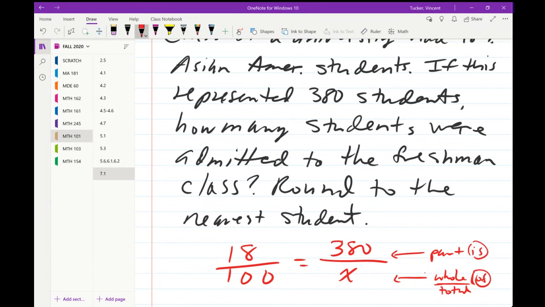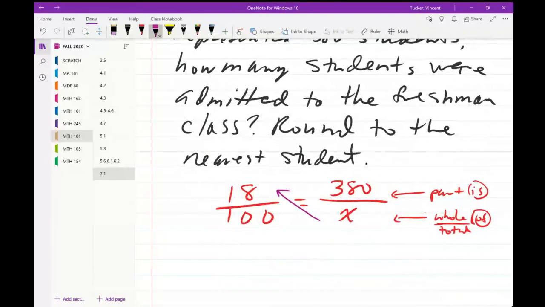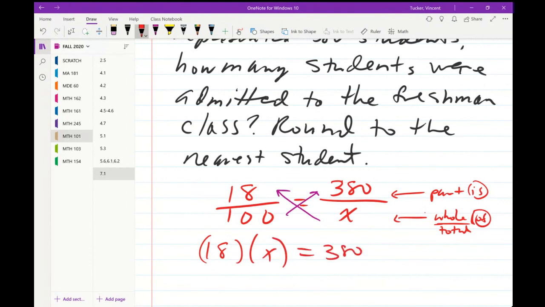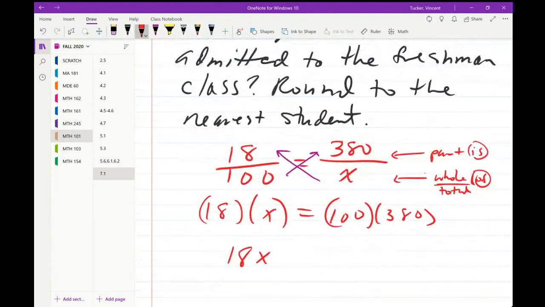All right, questions on the setup before we solve? All right, so we can cross multiply. 18 times x, 100 times the 380. 18x equals 38,000.